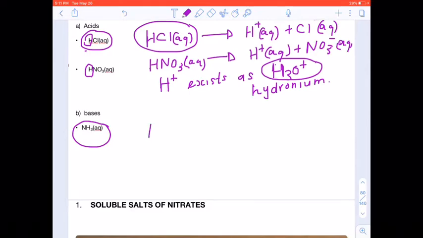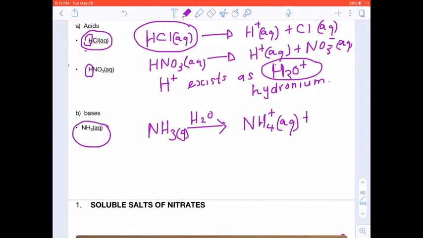Alright, so if we look at NH3 again, and say it's in a water environment, right? It's normally a gas, and which will then give us NH4 plus aqueous, plus OH minus aqueous. Right, so here we have the gas dissolving in water.